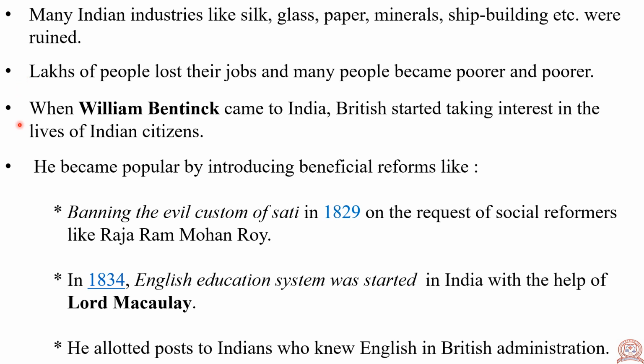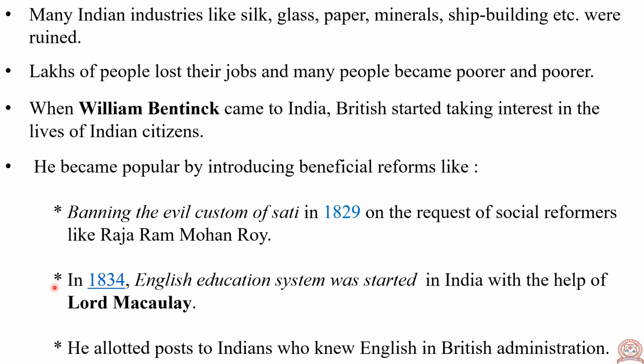When William Bentinck came to India, the British started taking interest in the lives of Indian citizens. He became popular by introducing beneficial reforms like banning the evil custom of sati in 1829 on the request of social reformers like Raja Ram Mohan Roy.